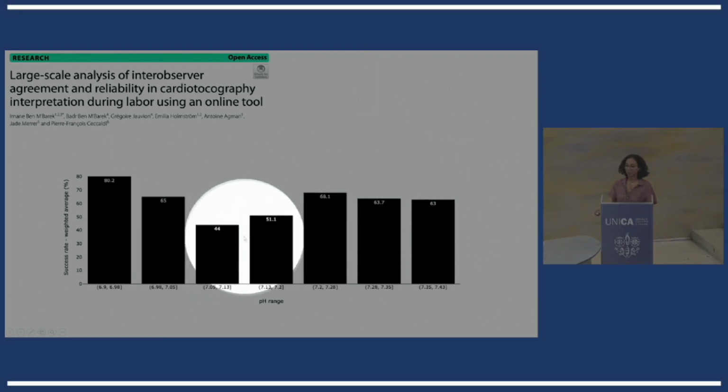But in the moderate group, as I defined it, when the pH range is between less than 7.20 and more than 7.05, actually we had better let the computer decide than decide by ourselves.